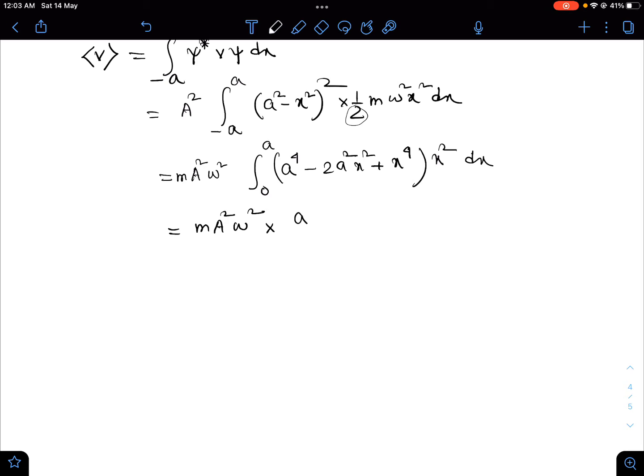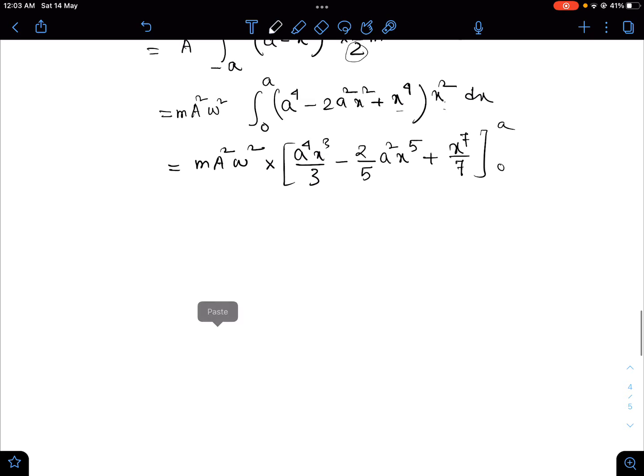So it will be a to the power 4 x³ by 3 minus 2 by, so this is x to the power 4, so here will be 5 and a² a to the power 5 plus here it is x to the power 6. So the integration will give us x to the power 7 by 7, and the limit is from 0 to a.